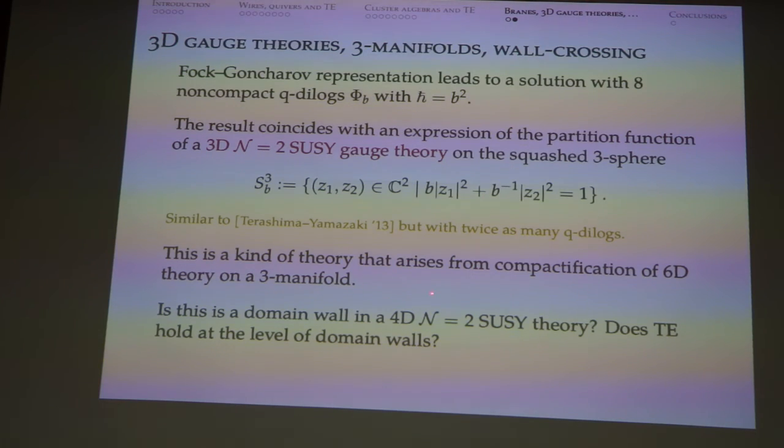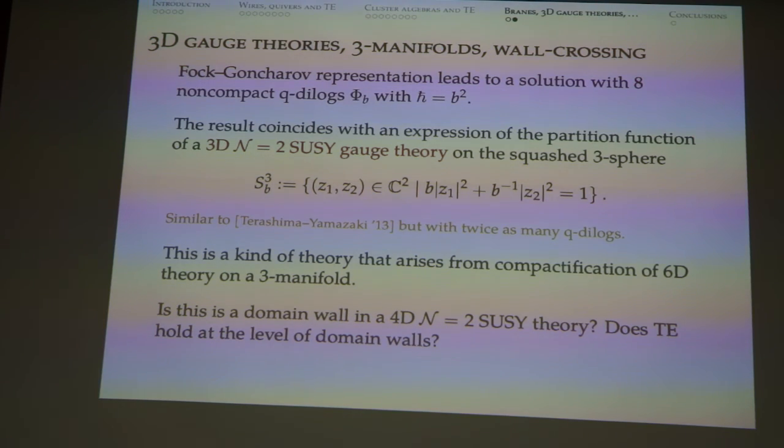Okay, and finally, in this work, this loop of braid moves or loop of mutations was important, but that kind of loop of mutations of a quiver appears very naturally in the setup of BPS wall crossing of 4D N=2 supersymmetric gauge theories.